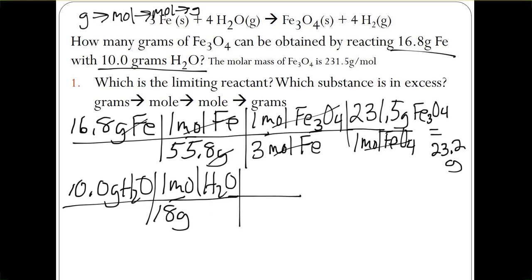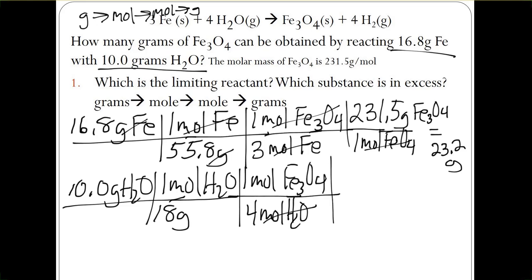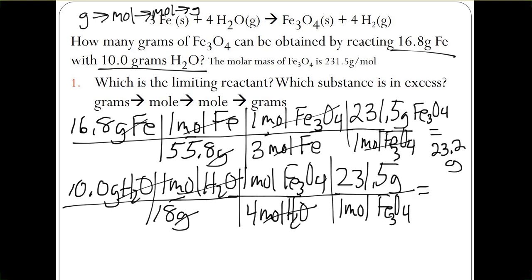Looking at the balanced equation, I have 4 moles of water for every 1 mole of that iron oxide. Moles cancel, and I'm left with moles of my product. Just like before, I'm going to multiply by the molar mass, and I get 32.2 grams.